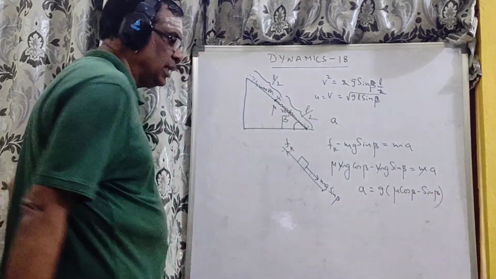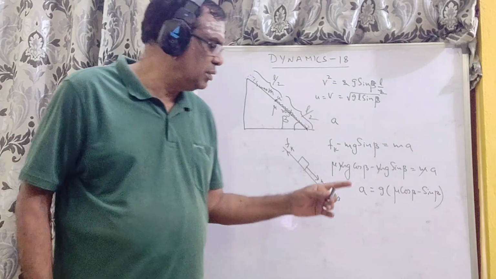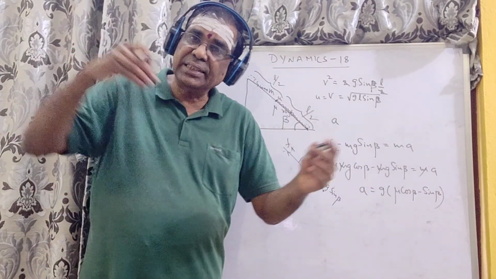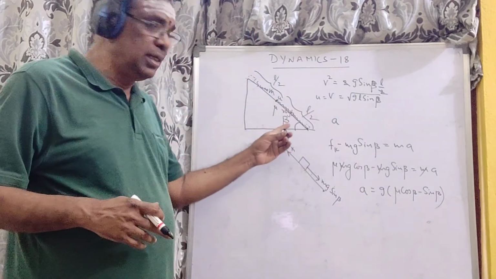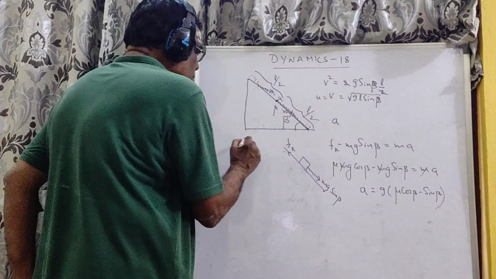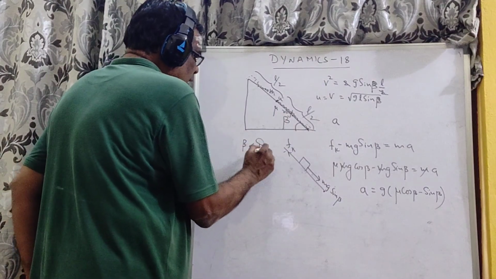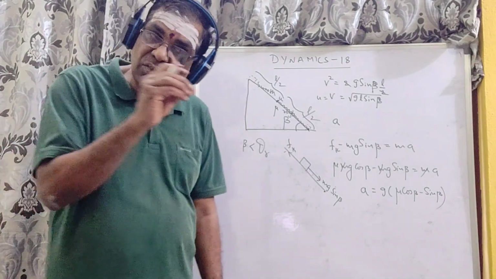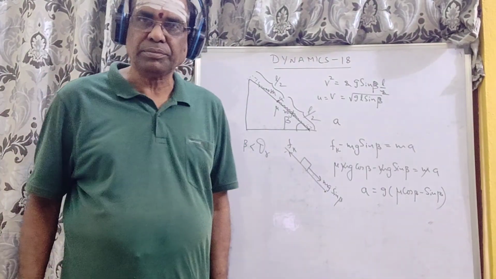now this is against what we were getting, you remember, g into sine beta minus mu cos beta, where then it was accelerating, and that angle is, in that case, angle more than angle of repose, and here beta is less than angle of repose. Then if you leave the body there, it will not move.